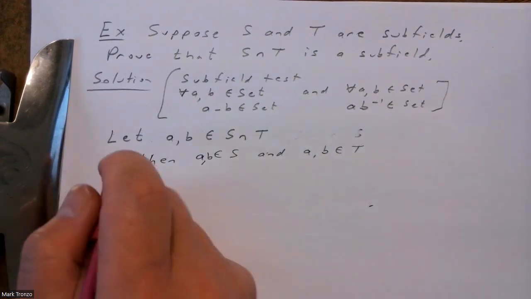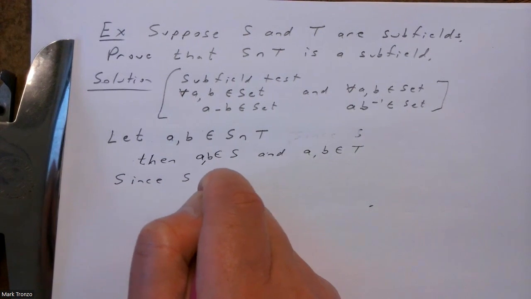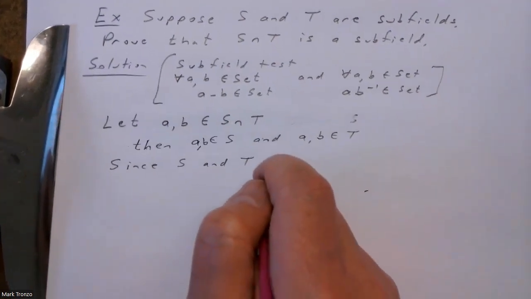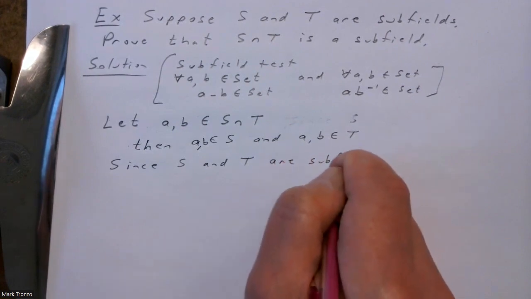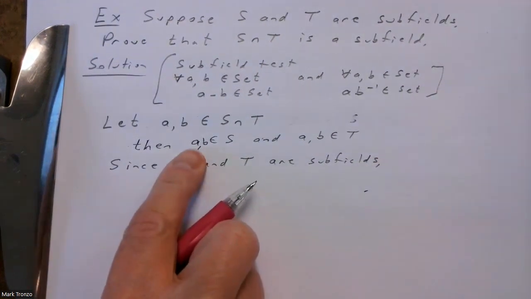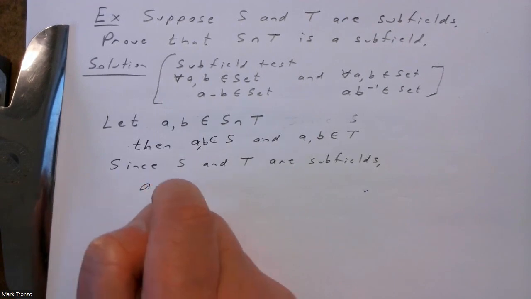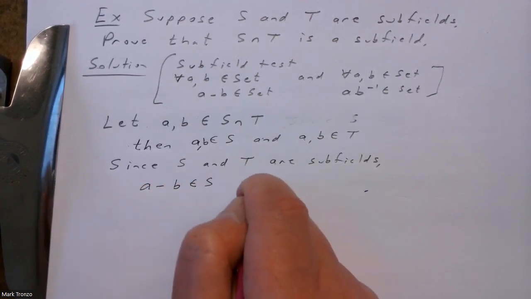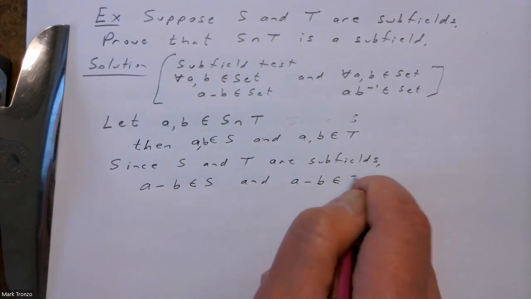And then since S and T are subfields, and therefore fields themselves, we're going to have that A minus B is in S, and A minus B is in T.